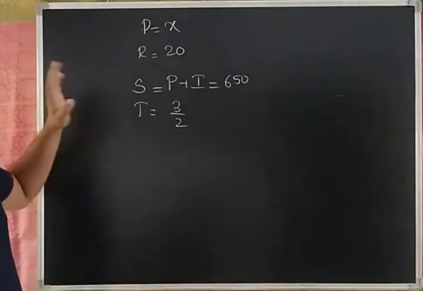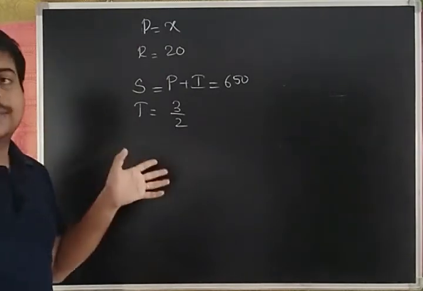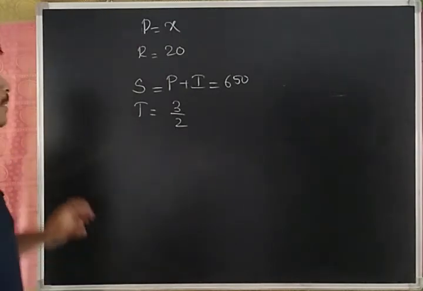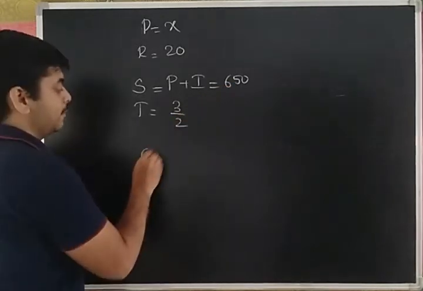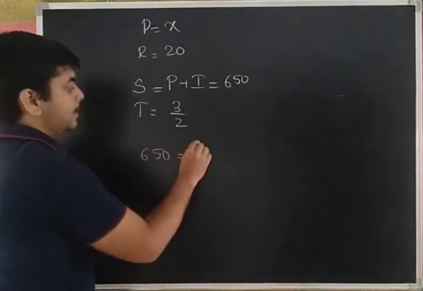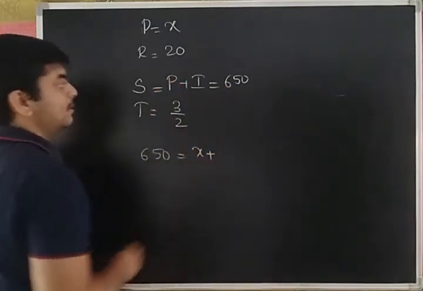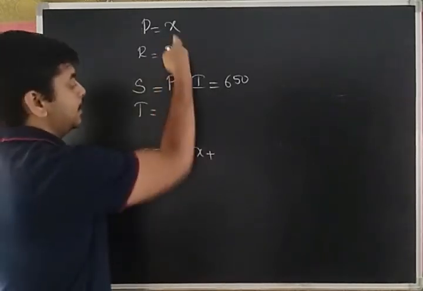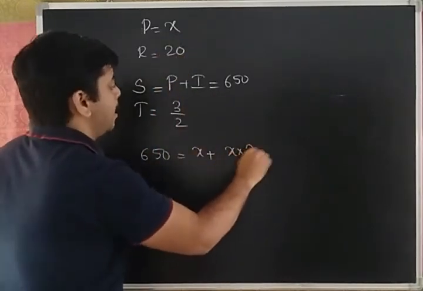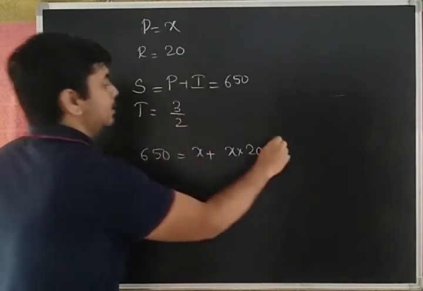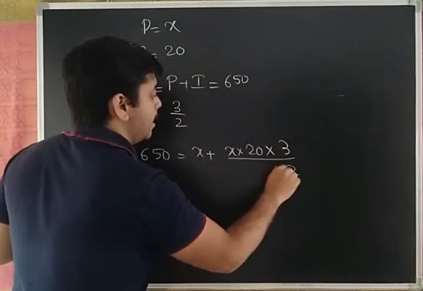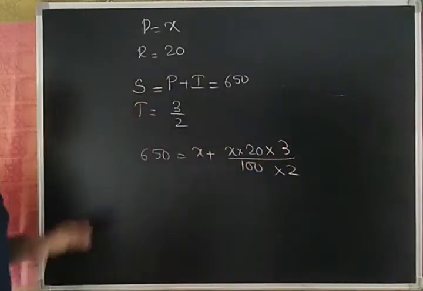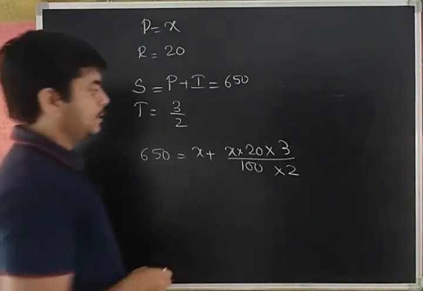So what all do we have here? Do we have principal? No. Can we find principal? Yes. Let us try to find principal. So 650 rupees is equal to principal, that is x, plus interest. What is interest? PRT by 100, x into 20 into 3/2 by 100. So cancel if you can cancel anything.